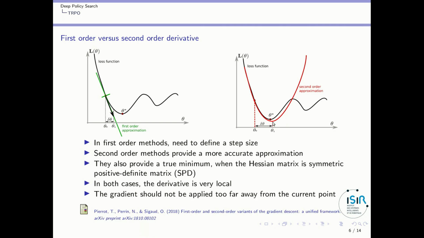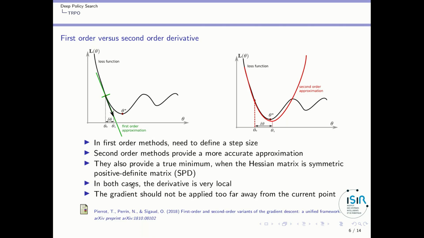So the second order methods will also provide a more accurate approximation of the function. It's closer to the function here. And the idea is that second order methods provide a true minimum, as I explained to you, when the Hessian matrix is symmetric and positive definite, SPD.